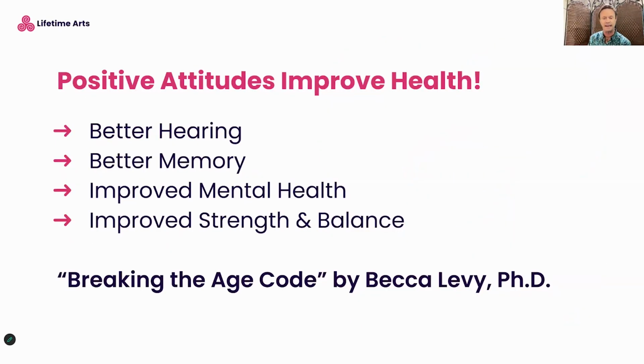Dr. Becca Levy, in her book Breaking the Age Code, demonstrates that older adults who were exposed to negative stereotypes about aging when they were younger have twice as high a risk of having a cardiovascular event. Negative age beliefs also had more negative effects on memory.